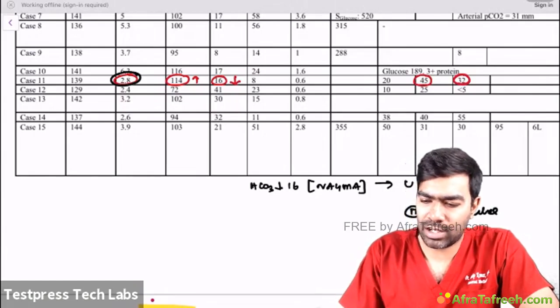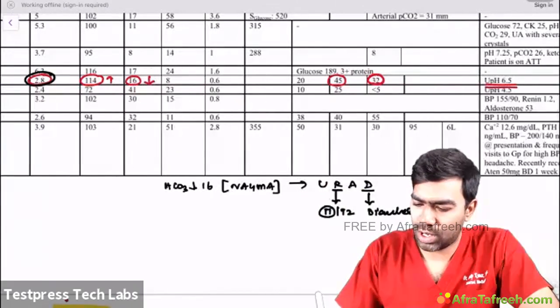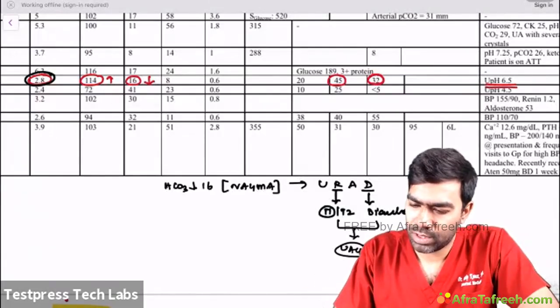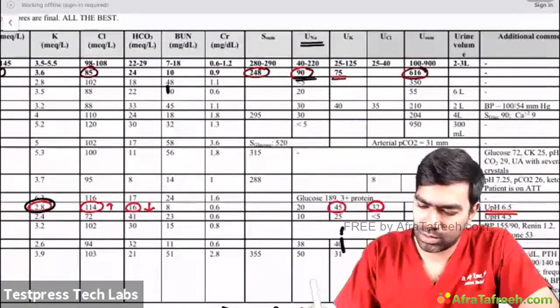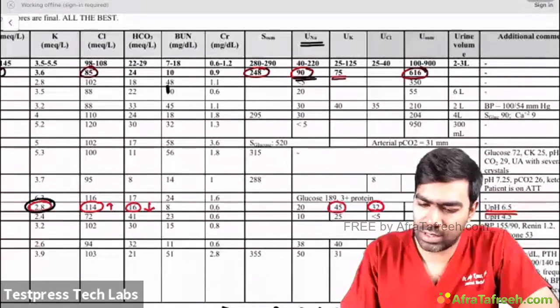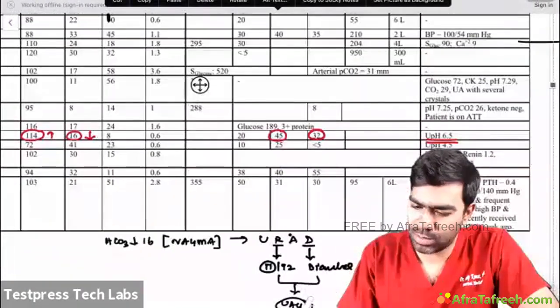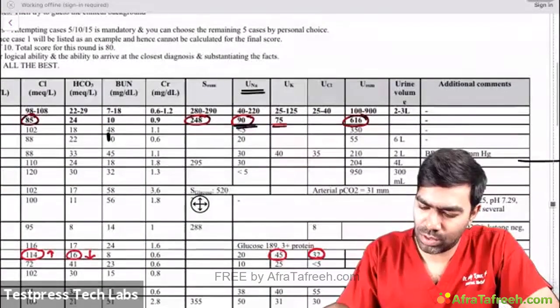But I think I know the urinary chloride, urine sodium, and urine potassium as well. So now to differentiate, I need to know the urinary anion gap. So what is the urinary anion gap here? They have given the urinary chloride also in this example. So urinary chloride is 32, urinary potassium is 45, and urinary sodium is 20.